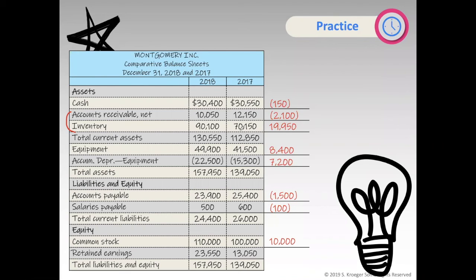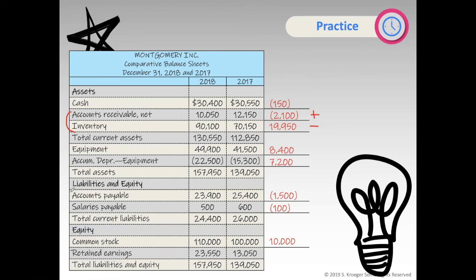If it goes down in value, you want to add. So if we look at the accounts receivable, it decreased from last year to this year by $2,100. What we want to do is add this number. Inventory increased from last year to this year by $19,950. Remember, we want to do the opposite for the current assets section. We will subtract that number.